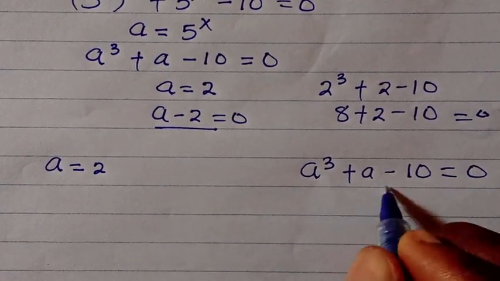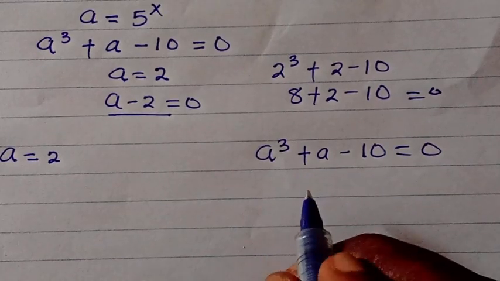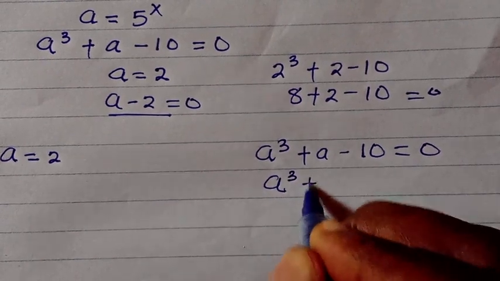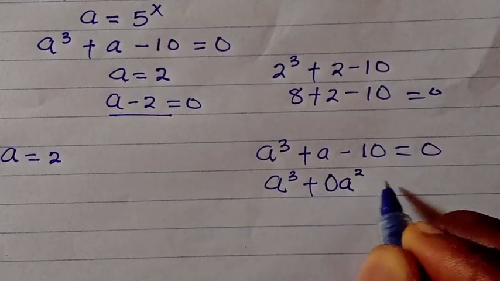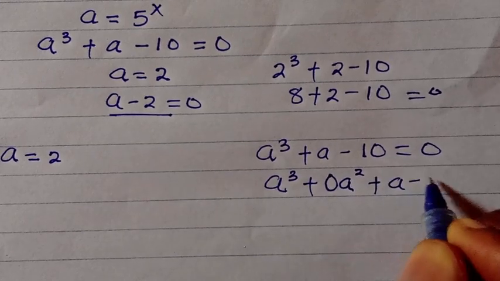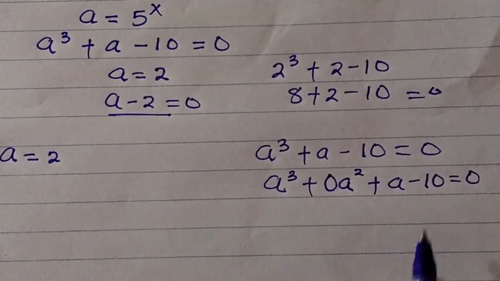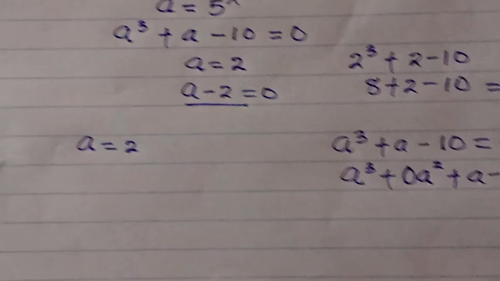But this is not complete, which means we still need the coefficient of a raised to the power of 2. So we have a to the power of 3 plus 0 times a to the power of 2 plus a minus 10 equals 0. So we apply the synthetic division here.